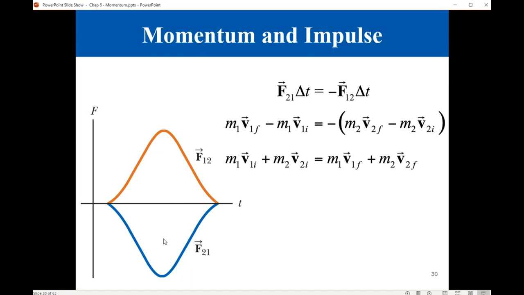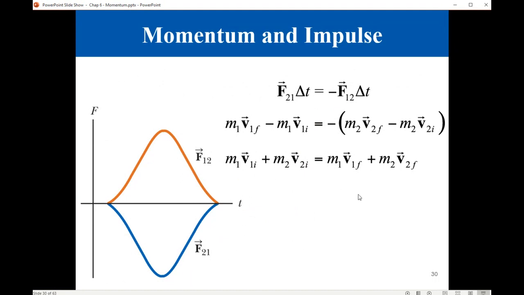So now, when we apply the conservation of momentum principle, we can write equations, and as we know, equations allow us to solve for the unknown quantities. Usually you will be given some of these variables, and you will be asked to determine the other variables using the conservation of momentum principle.